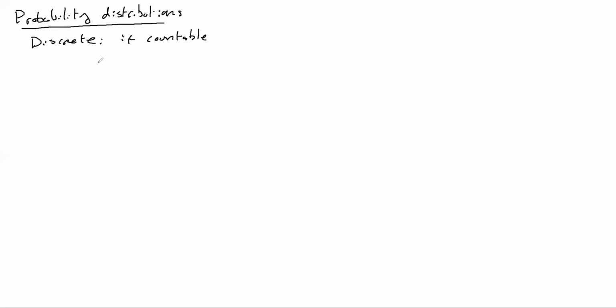It could be customer arrivals at a store. So the number of customers, it's countable. It could be 0. It could be infinite, but it's still countable. It's still an integer. It's a number that you can count. It could be the number of cars sold in a given year, in a given month, or even a given day. Those are discrete. They're countable. That's very important. Discrete is countable.